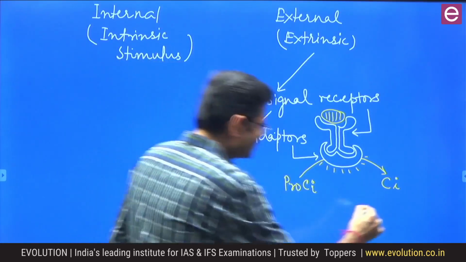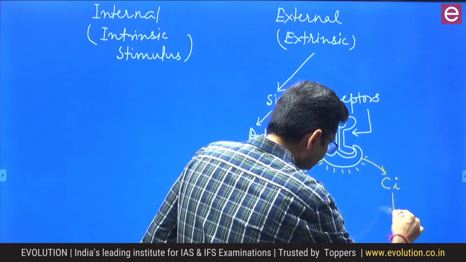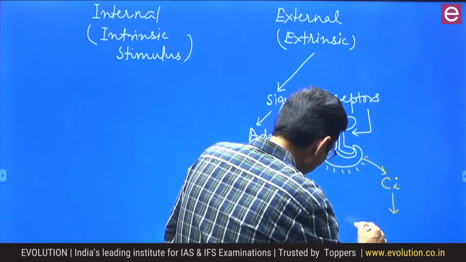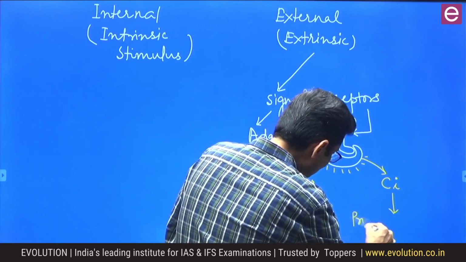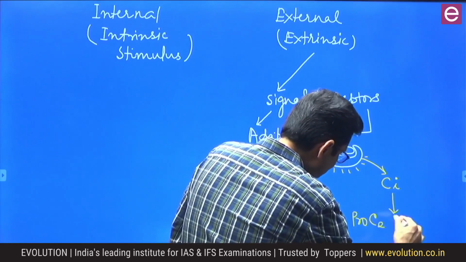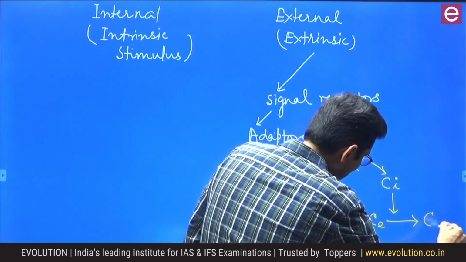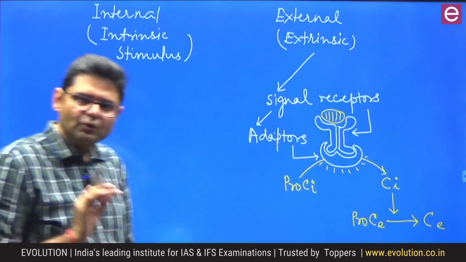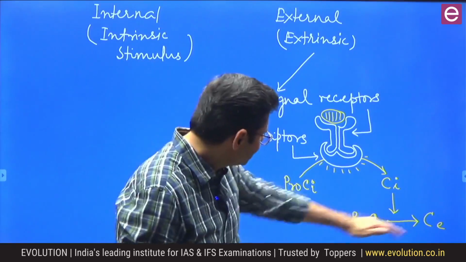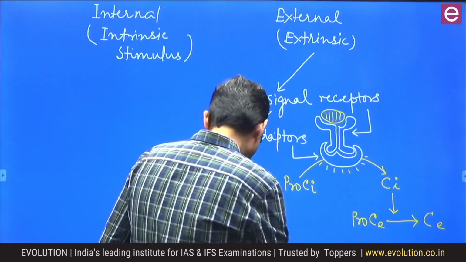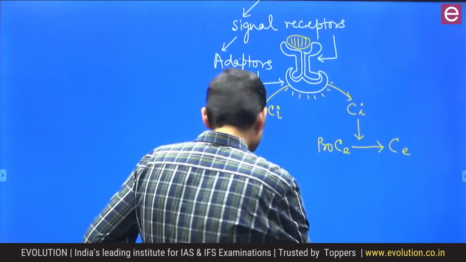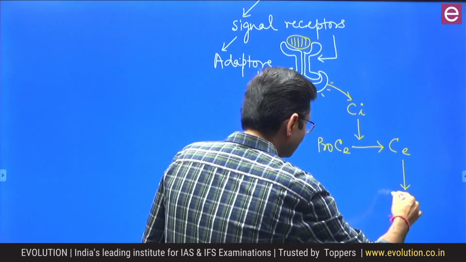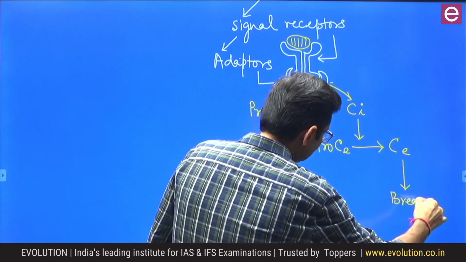And this caspase then converts whom? Procaspase executioner into caspase executioner. And we all know that caspase executioner will then break down cellular proteins.